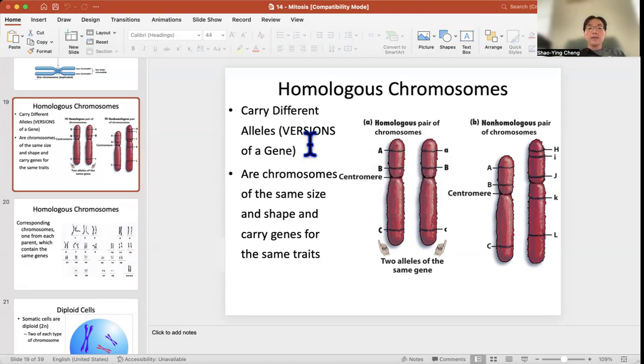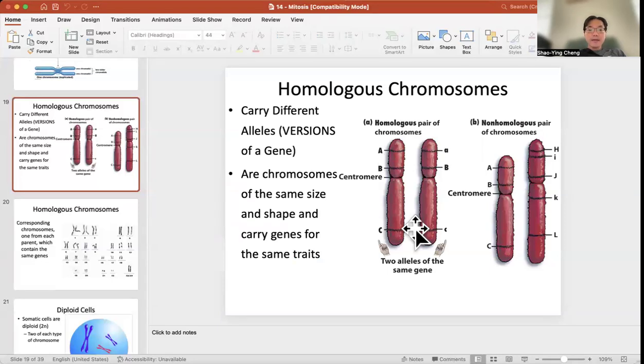We call them alleles. There are different versions of genes, could be dominant, could be recessive, but they're the same genes. So if this one pair of chromosomes carries the same genes, we call them homologous.